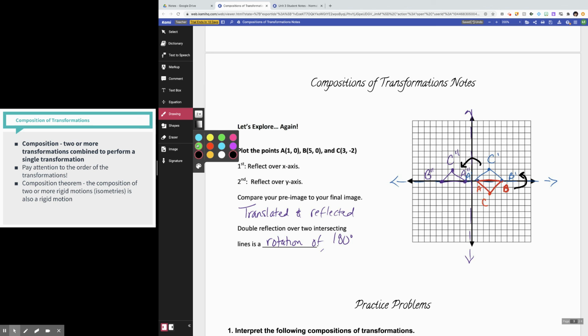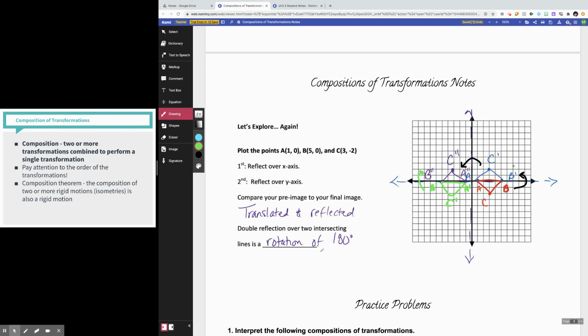We could have done this in a different order. We could have reflected it over the y-axis first, right? And ended up with something that looked like this, C prime, B prime, A prime, and then flipped it up over the x-axis, and see how you would end up in the exact same spot, right? That purple triangle would end up in the same spot.